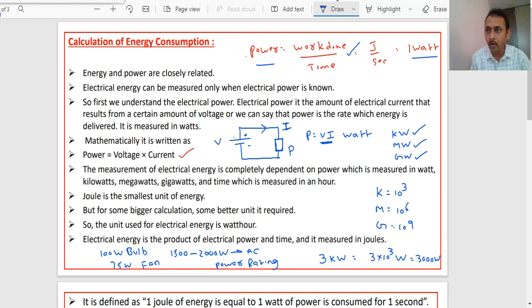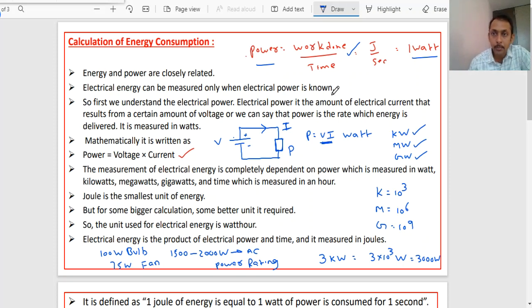So this product of V and I, V is the voltage applied to the load and I is the current drawn by the load. If you multiply these two, you will get the power drawn by the load, which is expressed in watts or kilowatts or megawatts, depending upon the magnitude of the power.